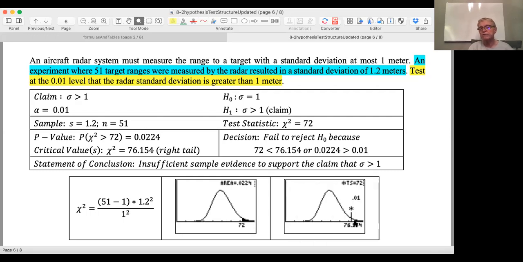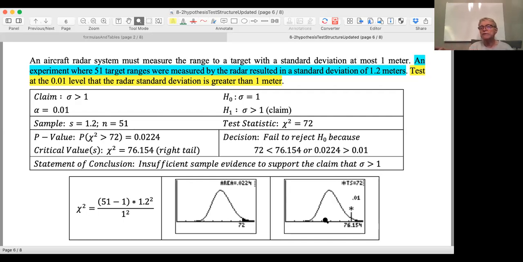Okay. The best way to think of this is if it's a left-tailed test and you fail to reject, you would say that the critical value is less than the test statistic. If it's on the right, you would say, if you fail to reject, the test statistic is less than the critical value. And if you rejected, for a left-tailed test, the test statistic is less than the critical value on the left side.